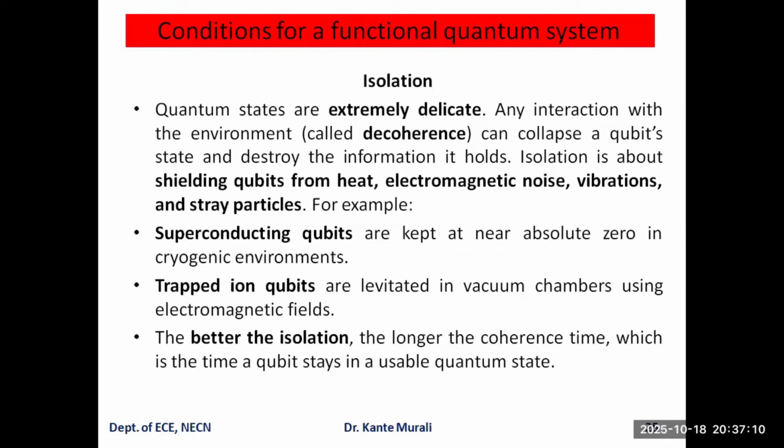For example, superconducting qubits are kept near absolute zero using cryogenic systems, and trapped ions are isolated in vacuum chambers using electromagnetic fields. Better isolation leads to longer coherence time, which is how long qubits stay in a quantum state.